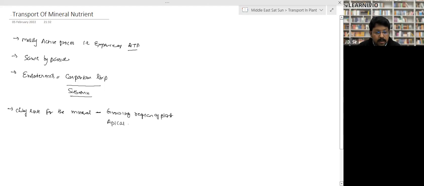Meristematic zone, apical and lateral meristem.